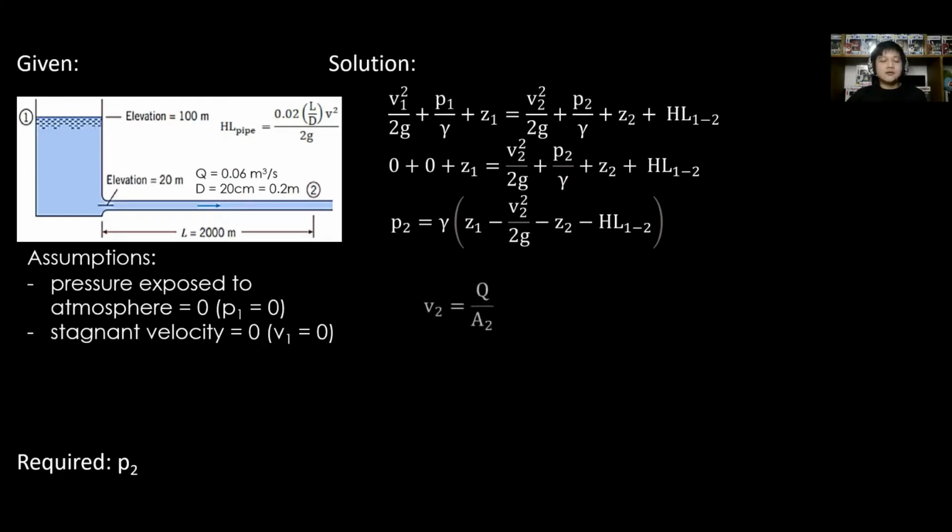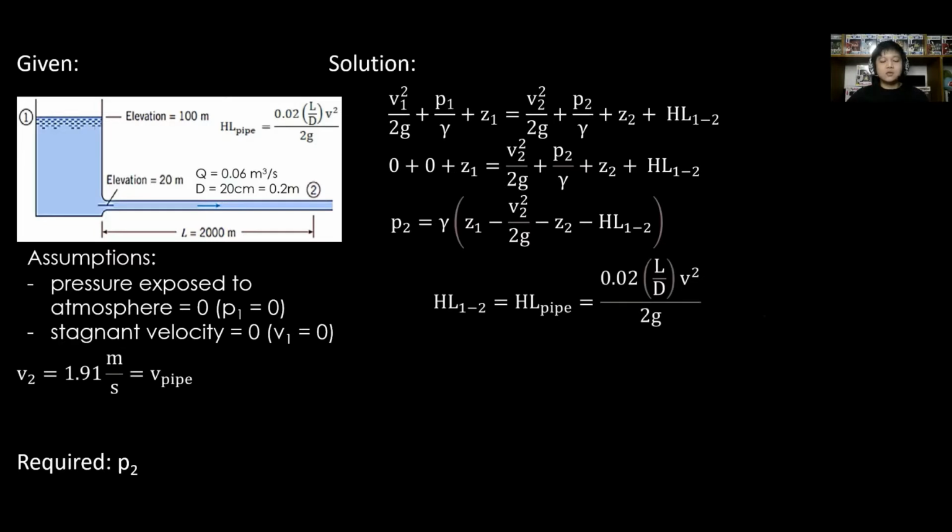Then, let us determine the velocity in the pipe, V sub 2, which is equal to Q all over A sub 2. Substitute Q as 0.06 cubic meter per second and area as pi all over 4 times the diameter of 0.2 meter raised to 2. Thus, V sub 2 is 1.91 meters per second and is equal to the velocity in the pipe.